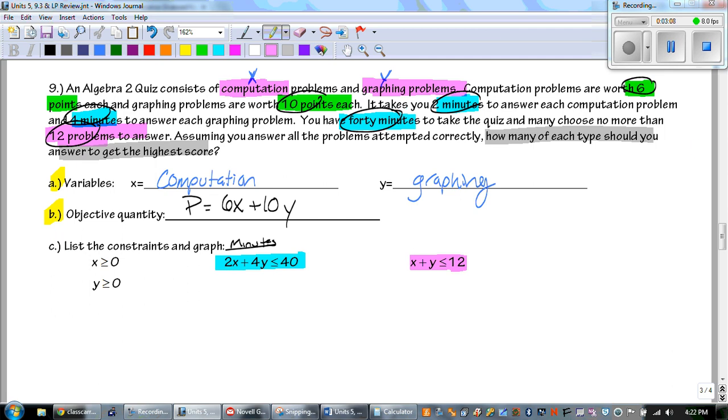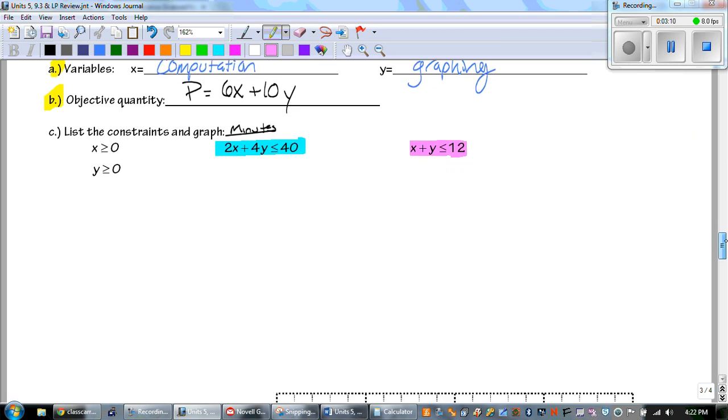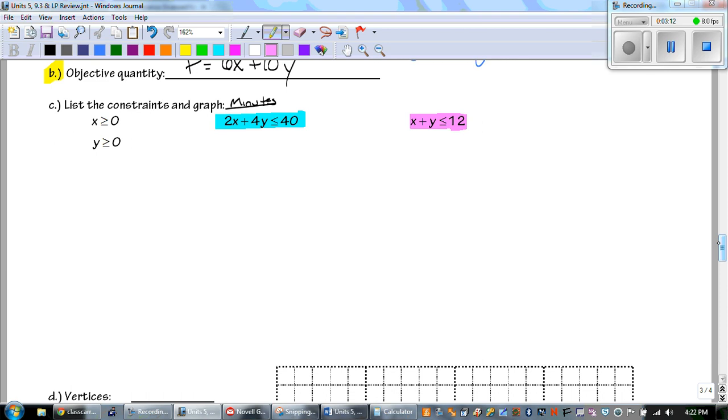Okay, so now that we have all that, we need to solve for y, so it's in y equals mx plus b form. Let's do the first one together. To solve for y, I need to subtract 2x from both sides.